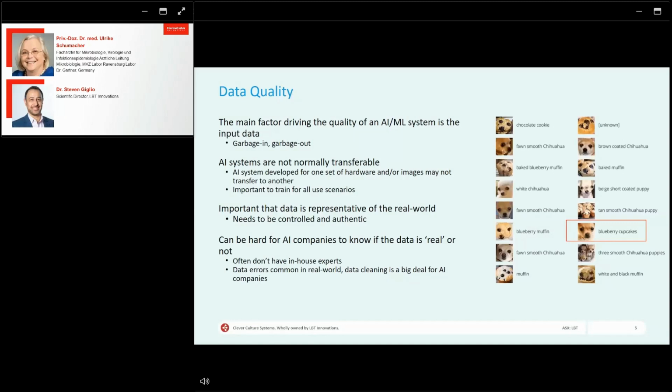And sometimes it's hard, if you're not involved in that very specific segment of work, to know if the data is real or not. From a microbiology point of view, you want microbiologists to drive the decision of whether data is real or not. So, going back to garbage in, garbage out, the data is absolutely critical for any successful AI system.